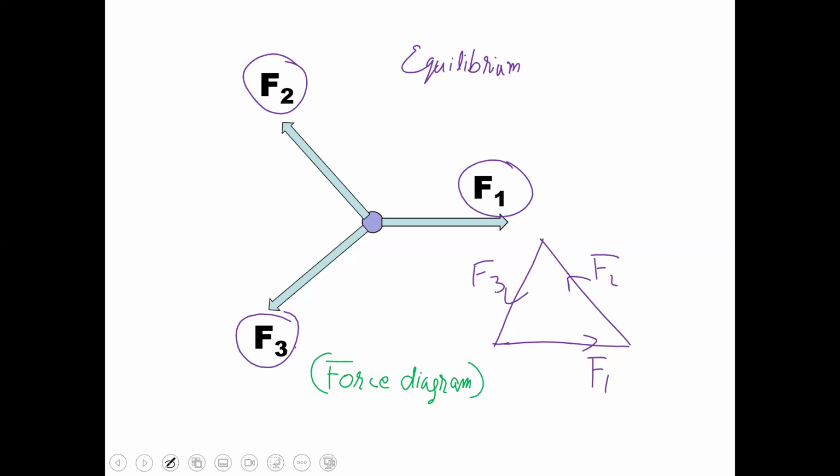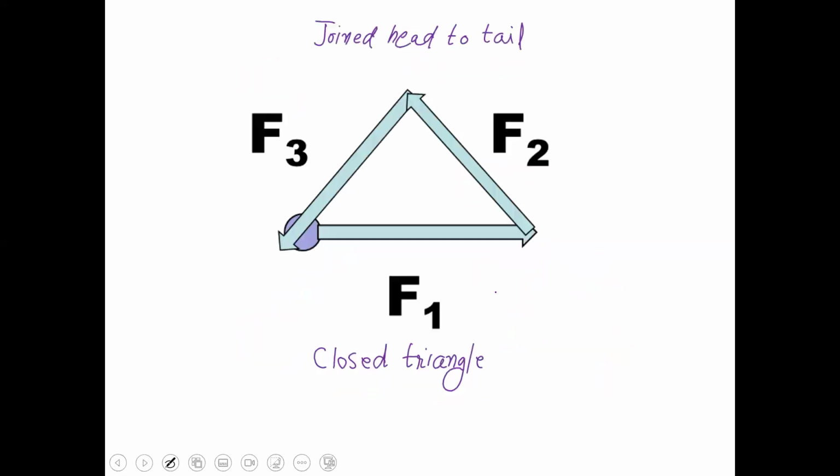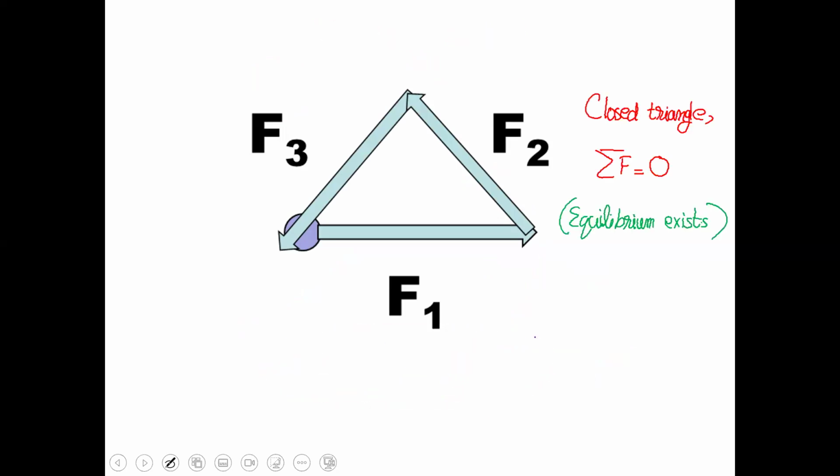Yes, sir. Closed triangle. If three forces are in equilibrium and you join them head to tail, you will get a closed triangle. If they form a closed triangle, you will declare that the system is in equilibrium.